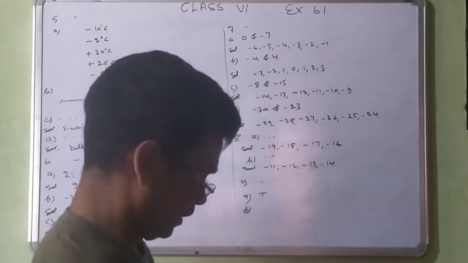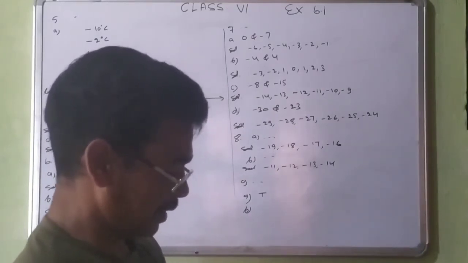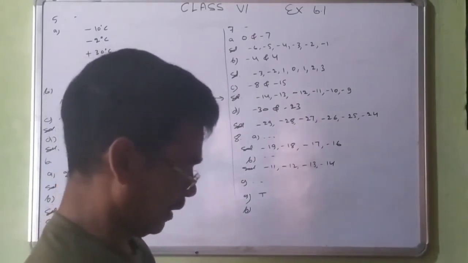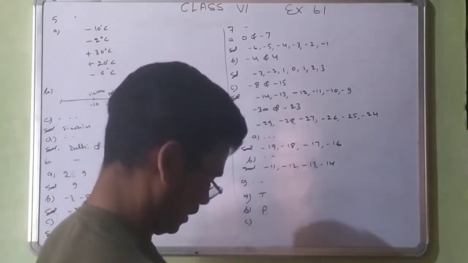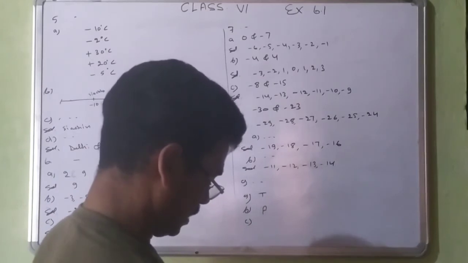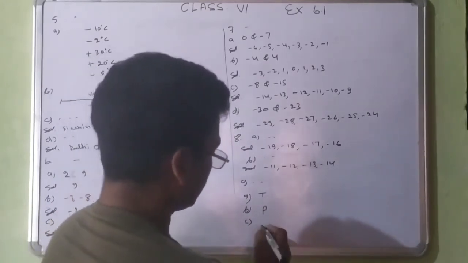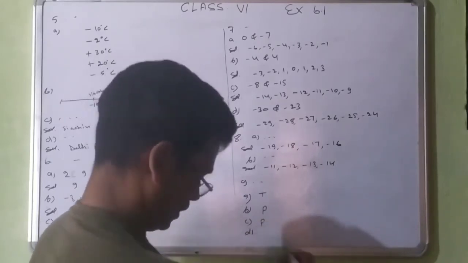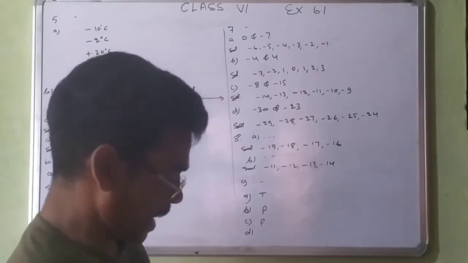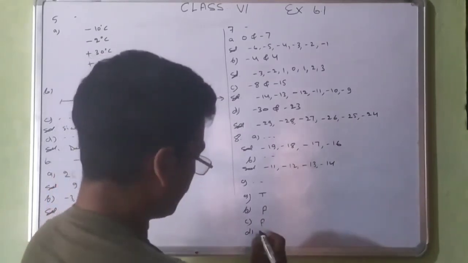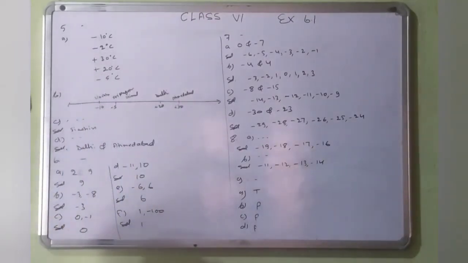B part, -100 is to the right of -50. No, that is false. C part, smallest negative integer is -1. No, false. D part, -26 is greater than -25. No, false. -26 is not greater than -25.